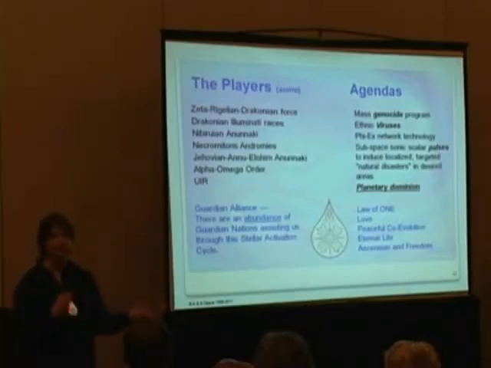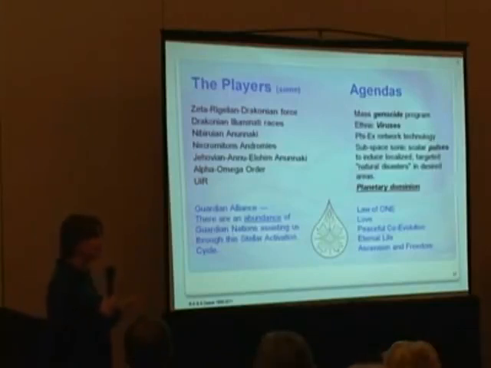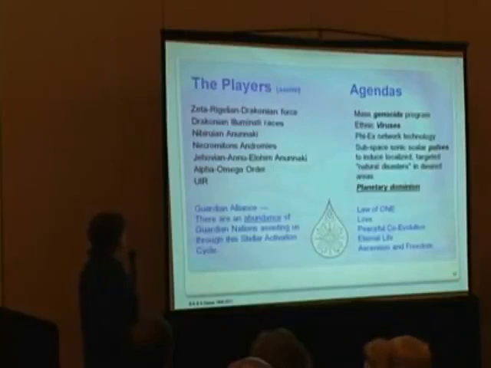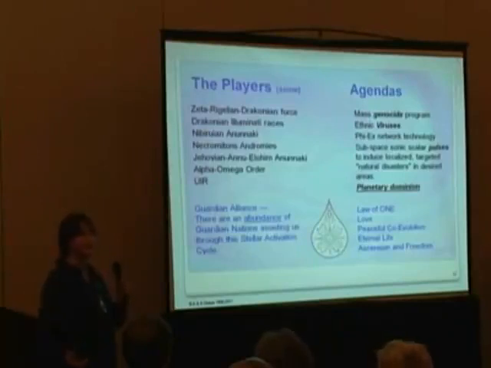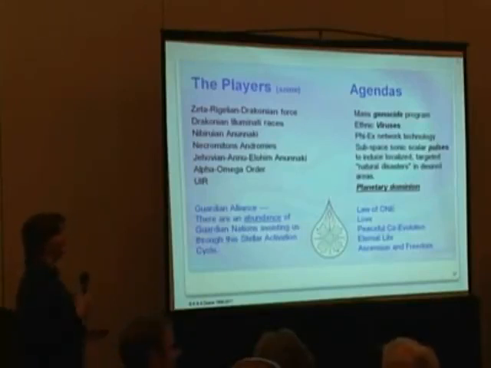There's a lot more guardians helping us than there are fallen angelics working against the law of one. So the Guardian Alliance, their agenda is the law of one, love and peaceful coevolution, eternal life, ascension, and freedom. I choose that one. Why? Because I want to be free, and I am free.